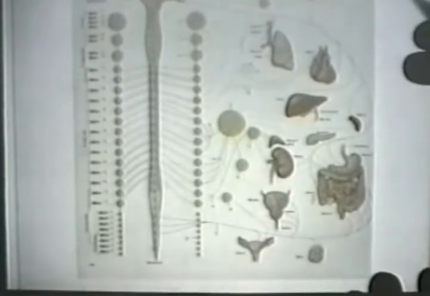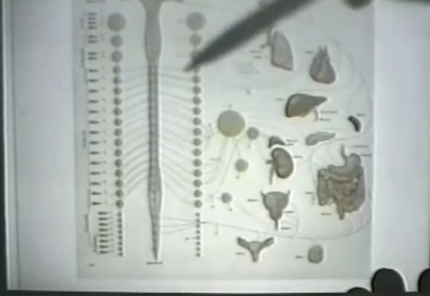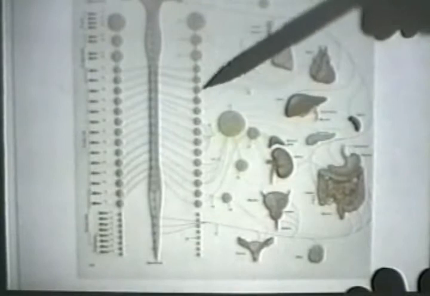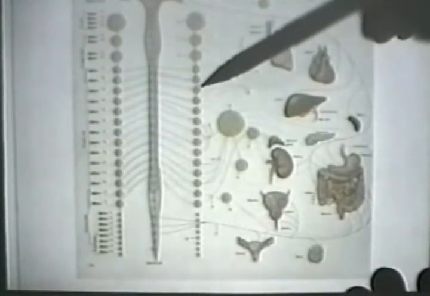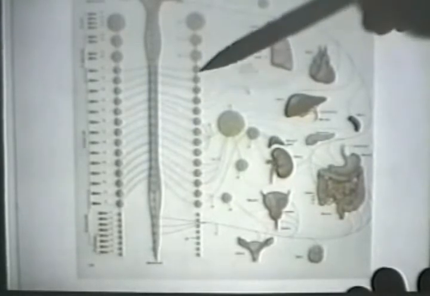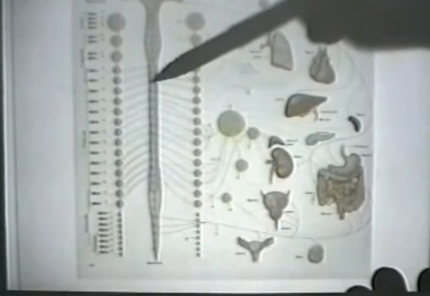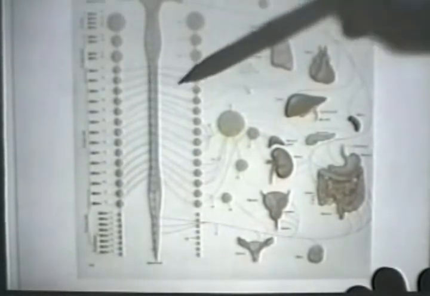Remember, we said that the lateral cell column is the beginning of the sympathetic system, but that we have a synapse in the sympathetic chain outside of the spinal cord. That synapse may occur several levels above or below the initiating area that is being hyperstimulated.